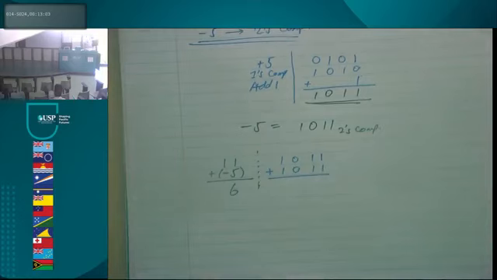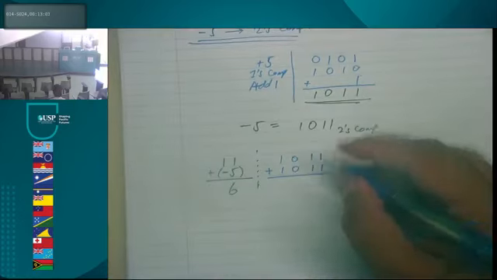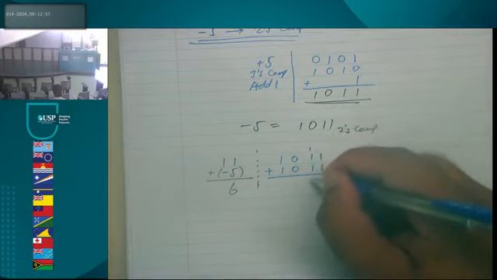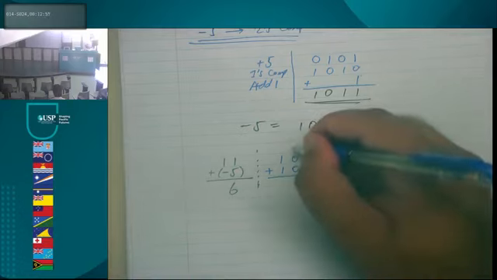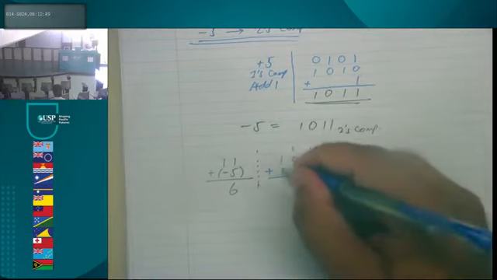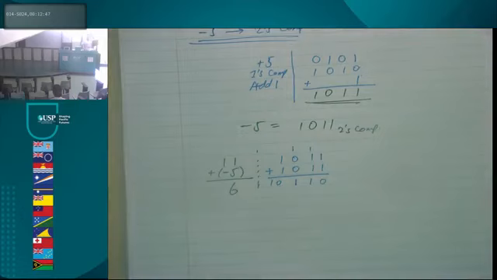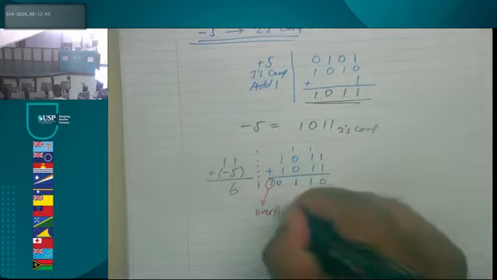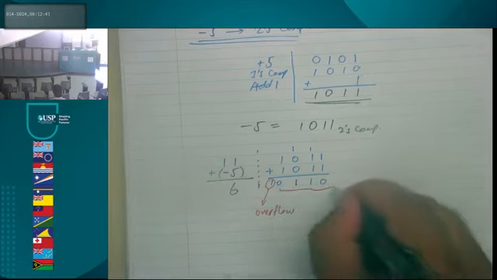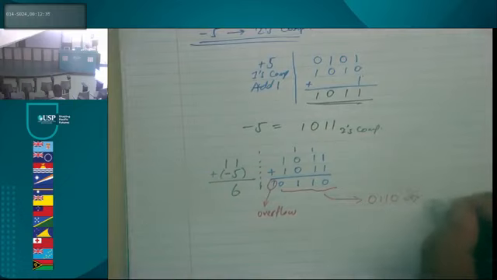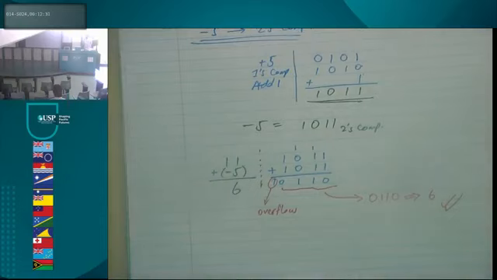Positive and negative number looks the same. 1 plus 1 is 1, 0. 1 plus 1 plus 1 is 1, 1. Put a 1. 1 plus 1 is 1, 0. This becomes overflow. 0110 in 4 bits is equal to 6. So the answer is correct. There we go.